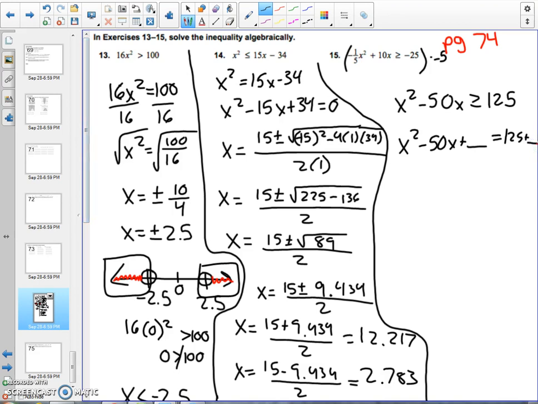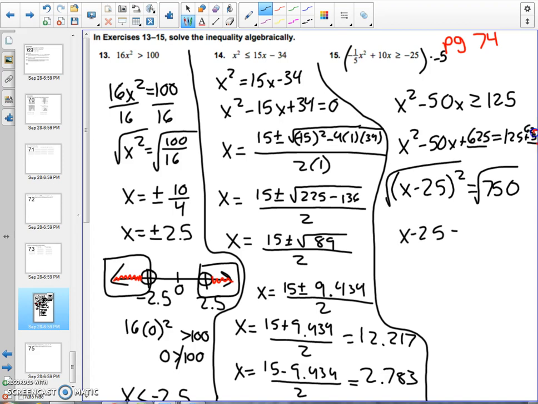So half of 50 is 25. 25 squared is 625. So I need to add 625 to each side. So this would factor to x minus 25 squared equals 750. Taking the square root of each side, I would get x minus 25 equals the square root of 750.